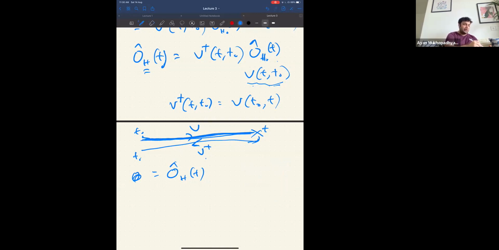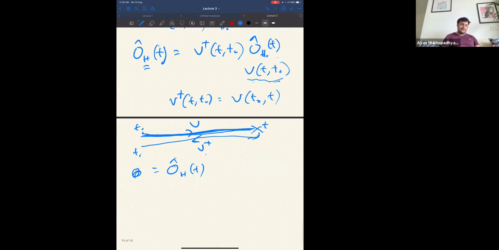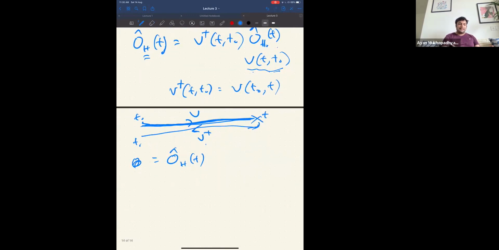All right, so now I can rewrite this. This is a very nice picture, and this kind of diagram is often called the Keldysh-Schwinger diagram, or Schwinger-Keldysh diagram, or I would say contour. So this time contour, which goes from t naught to t and backwards, is often called the Schwinger-Keldysh contour.